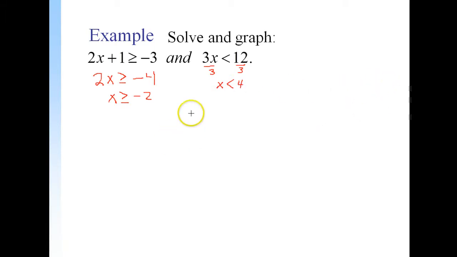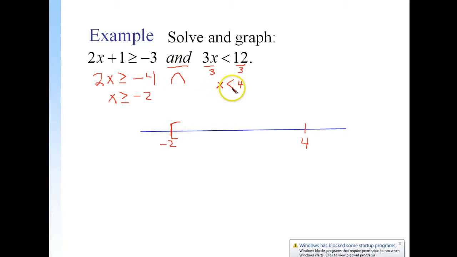We're now going to make a number line. And the numbers we're interested in are a negative 2. So let's put the negative 2 over there. And a 4. Put the 4 right over there. Now the symbol we're using here, we're saying x is greater or equal to, we're going to use a bracket. And the word and indicates intersection.